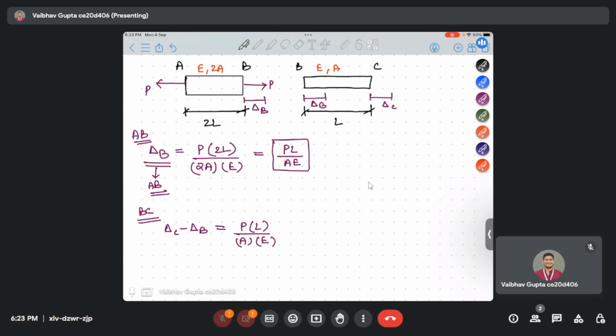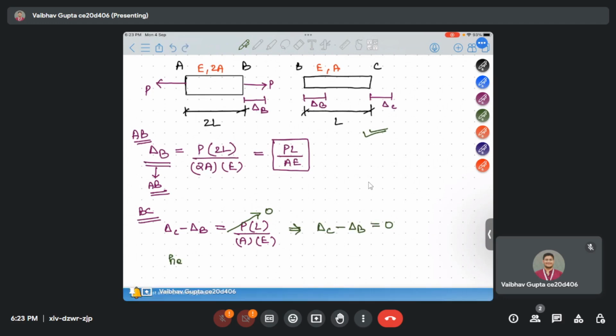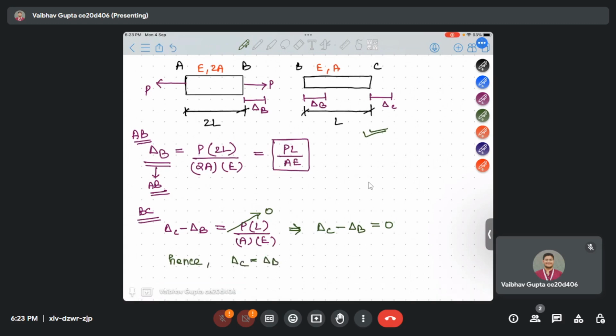Because P here is 0, as no force has been applied on BC. You can see with the help of this free body diagram. So delta C minus delta B is nothing but 0, and hence delta C will be equal to delta B.